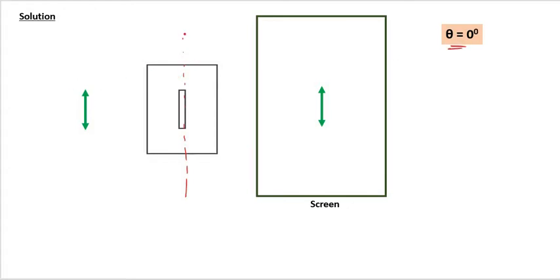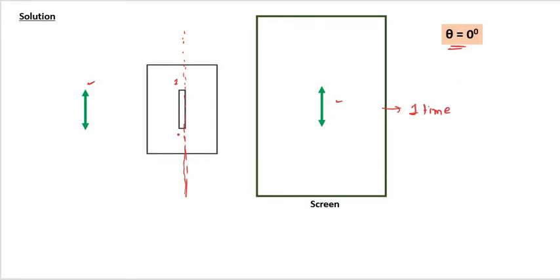Theta is the angle between this axis and the polarizing vector, or this polarized light. So this polarized light, when it passes, is going to come on the screen. So we get intensity on the screen at 0 degrees.